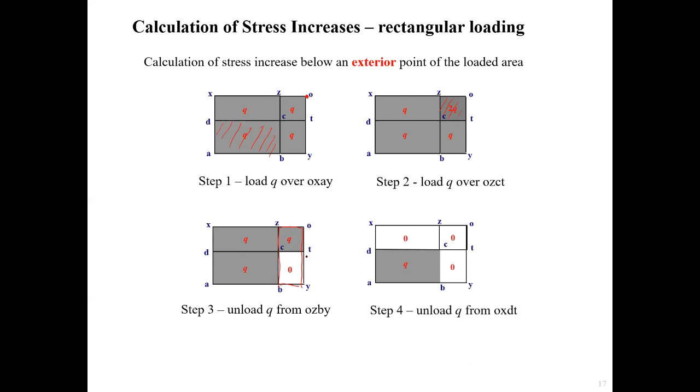Then we continue to unload this part, OXDT. That's the original one. If you continue to unload, this Q minus Q gives 0. And this Q minus Q gives 0. So eventually, if you follow those 4 steps, your Q is the real loading area, but you are still able to get the stress increase for point O.